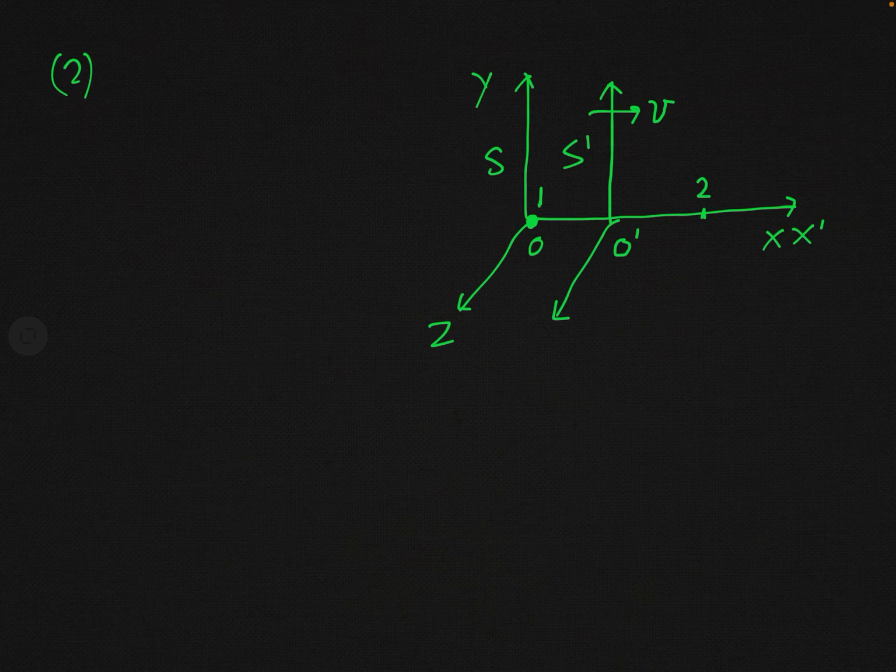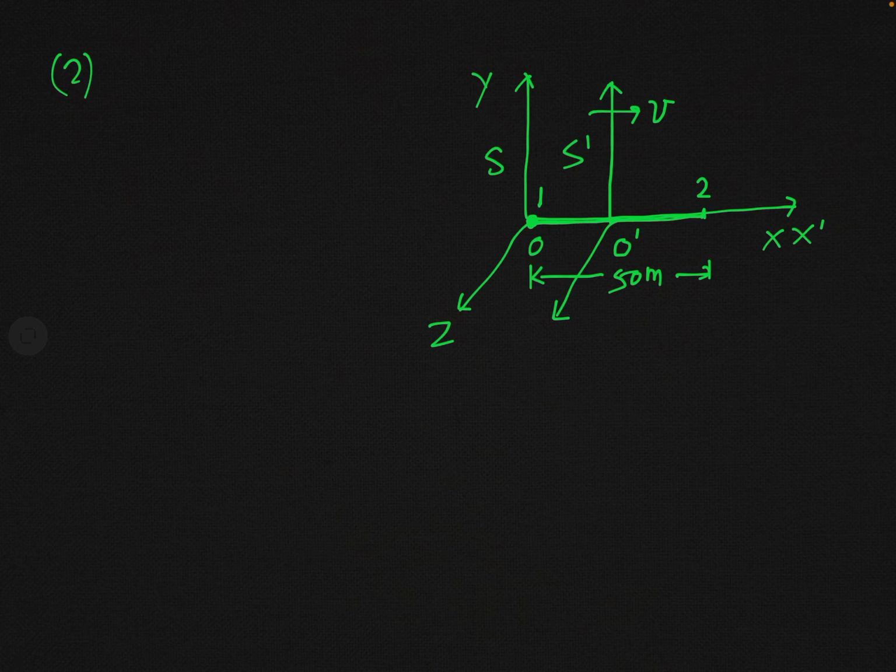And with respect to this frame S, the problem says that the spatial separation between these two events is 50 meter when it is measured by the observer O of frame S. So this separation is actually equal to 50 meter. But remember, this separation is with respect to the frame S.